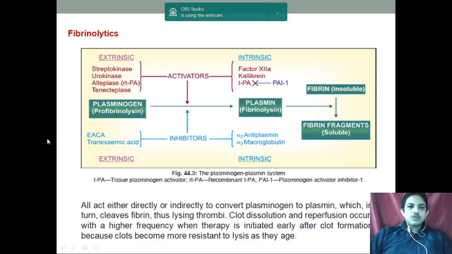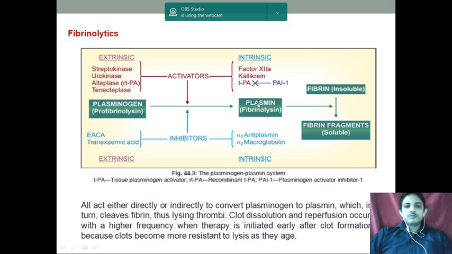Now we know this is the plasminogen. Through different factors like tPA, kallikrein or factor 12, it is converted into plasmin.